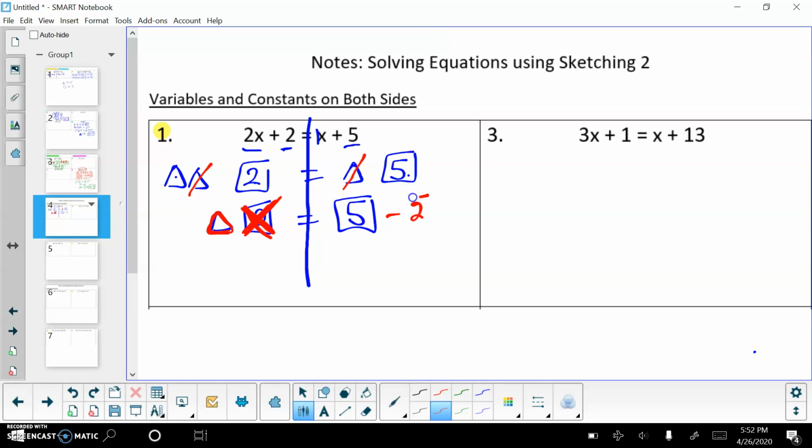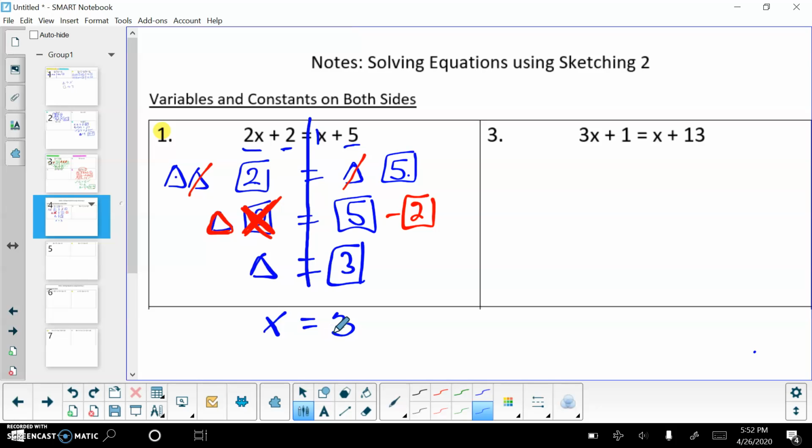So I'm going to say subtracting the 2 cube. And then what I have left is 5 cube minus 2 cube gives me a 3 cube. And on the left side, I've got that 1 triangle left, which is what I wanted. So yay, I'm pretty much done, because I know what 1 triangle equals. It equals a 3 cube, or like its points. So that means x just equals 3.